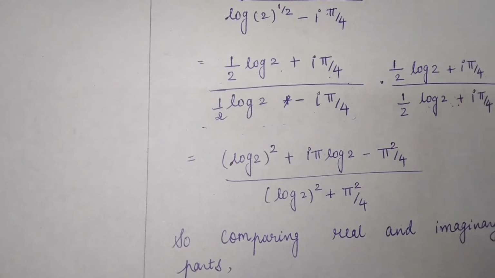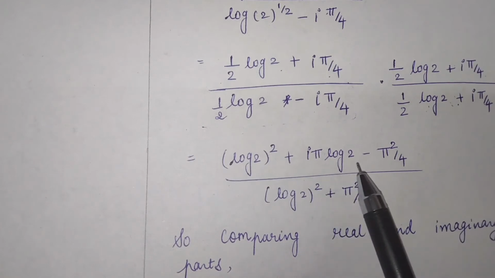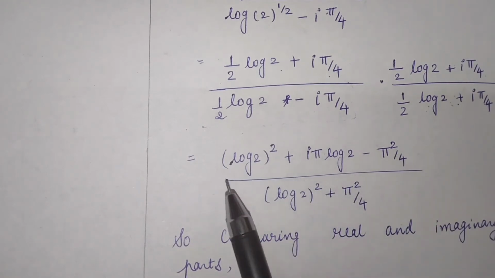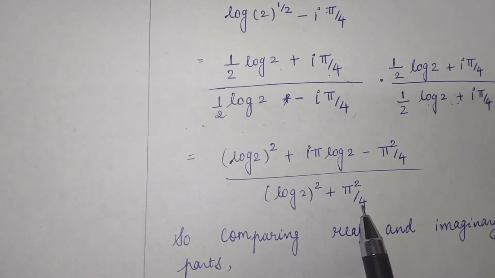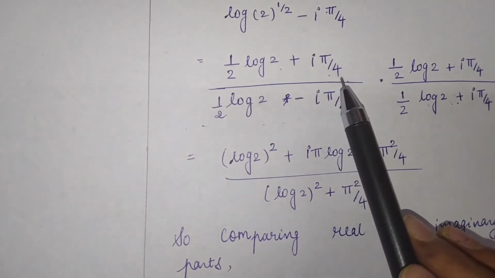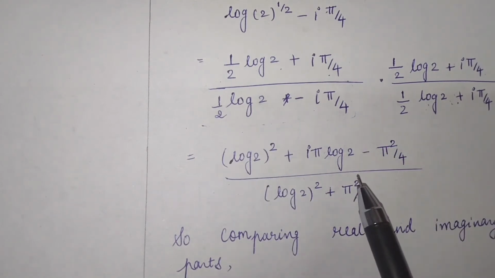Solving it further, we will get (log 2) whole square plus i pi log 2 minus pi square by 4, divided by (log 2) whole square plus pi square by 4. This is simple multiplication; you can solve it and you will get this answer.